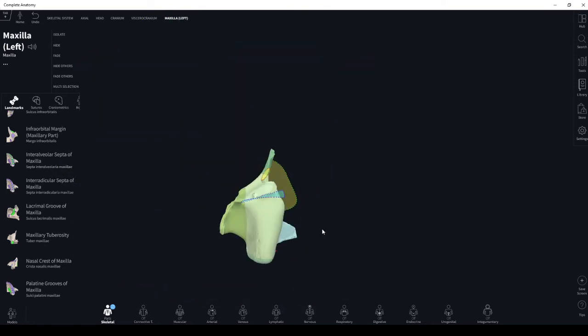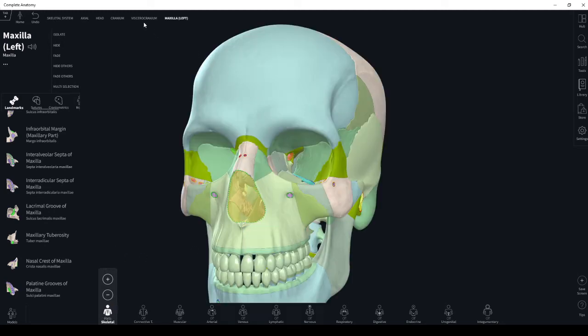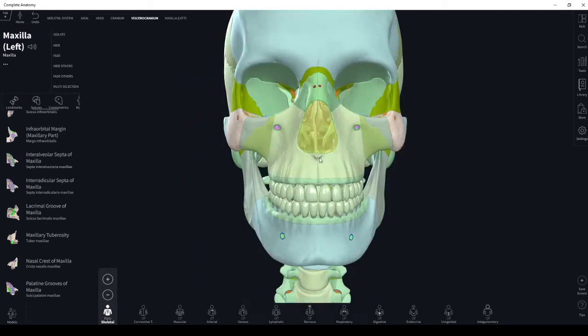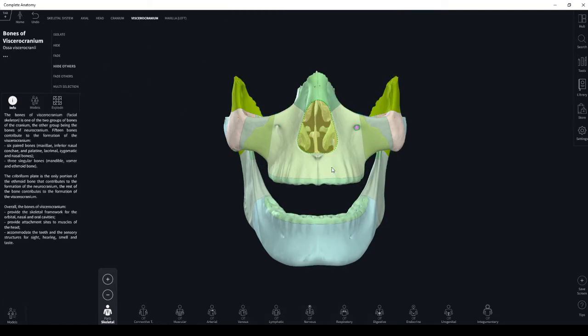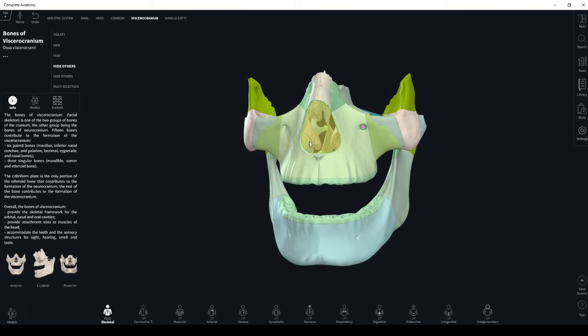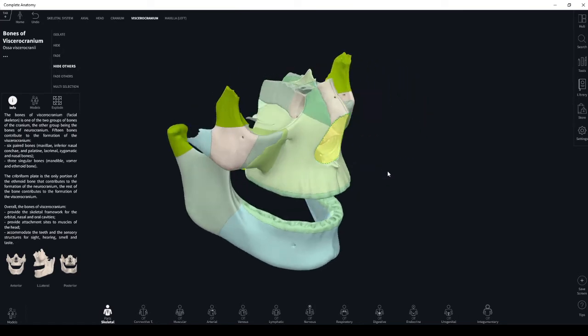Okay, that was the maxilla. We will join it together with the opposite side maxilla, and you will see the relationship of the maxillas with the nasal conchas to form the nasal cavity later.